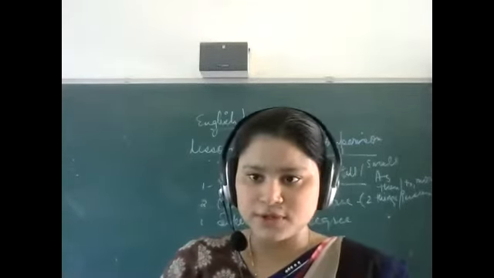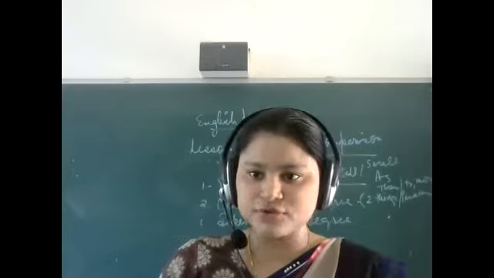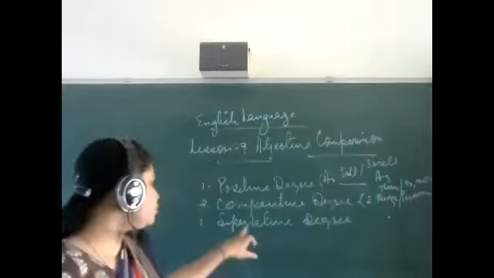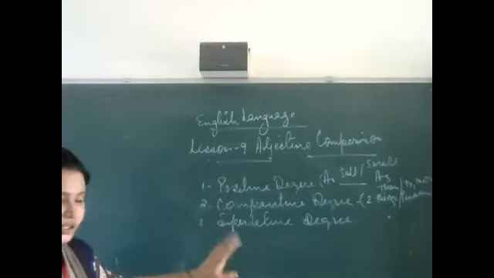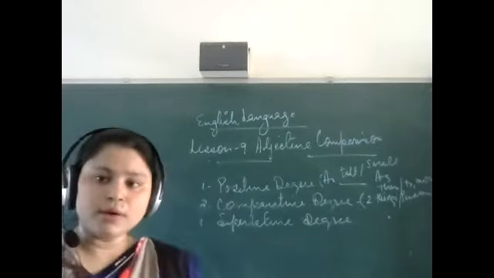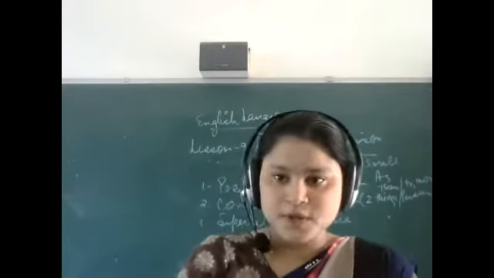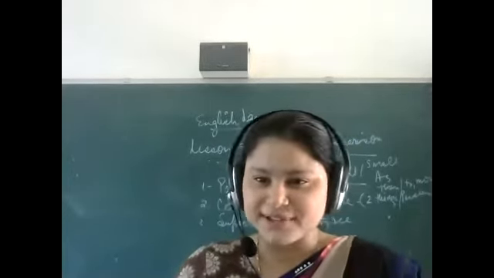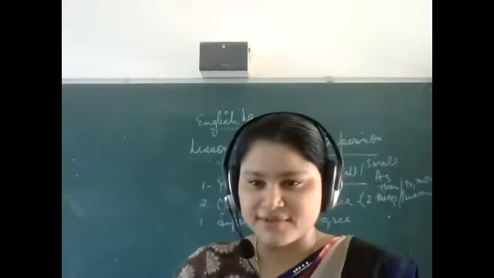Now the third part that I explained to you was superlative degree. As its name shows, the person or the thing that is super among all. Please don't raise your hand in the very beginning of the class. I will give you time at the end when we have 5 or 10 minutes.